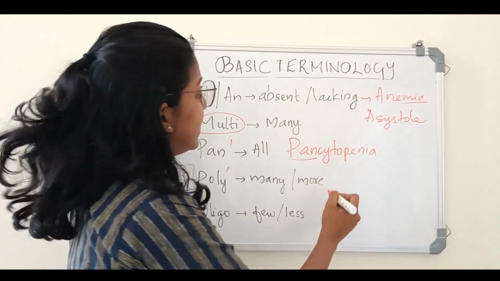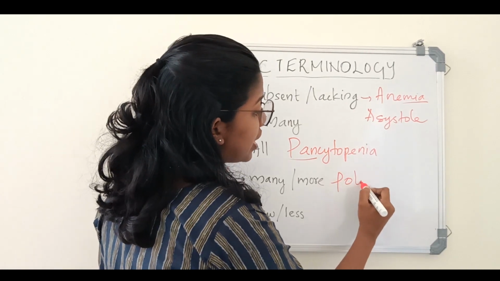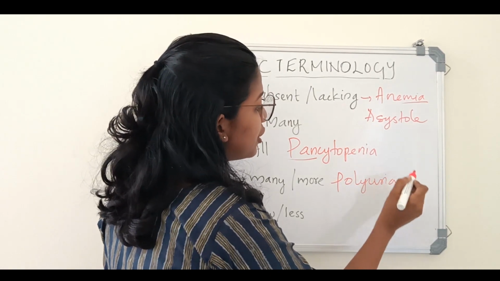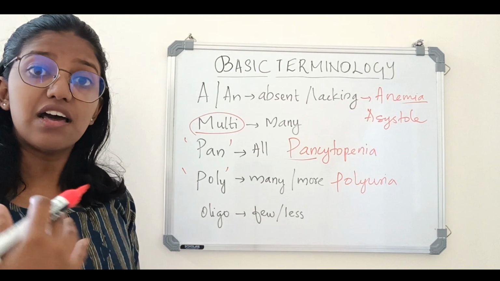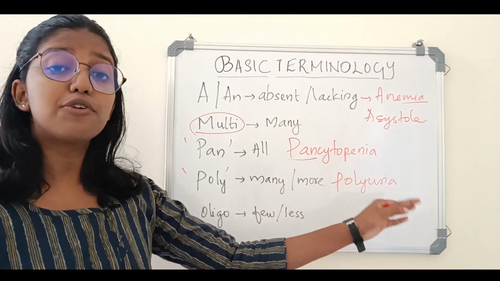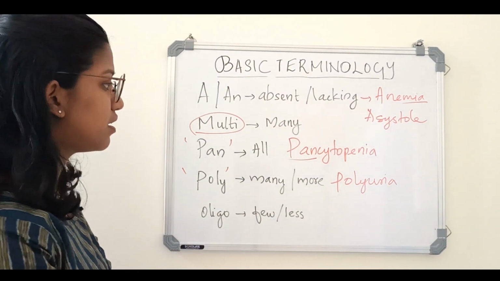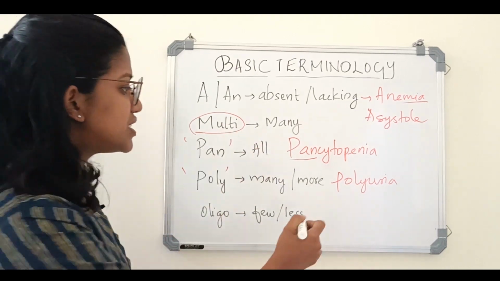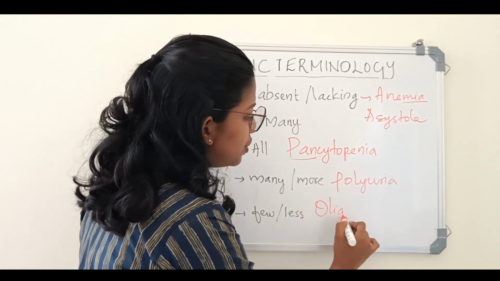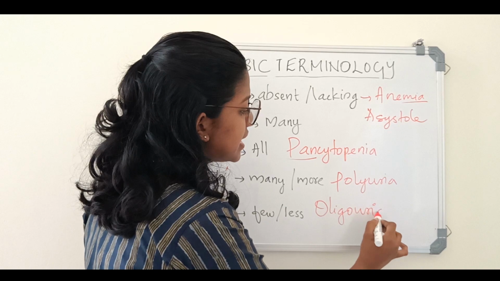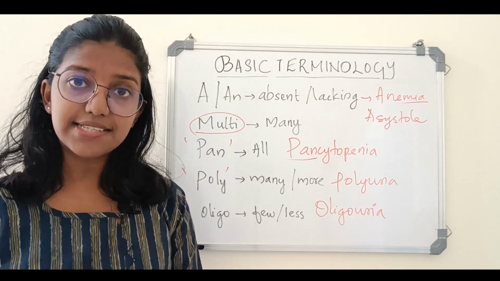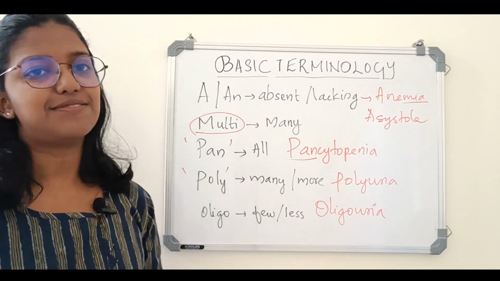If we could say like polyuria. Polyuria means increased amount of urine produced in our body. Okay. Same, the opposite we can use as oliguria. Oliguria means decreased amount of urine is excreted from our body.